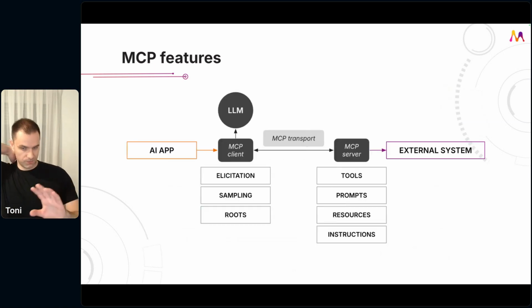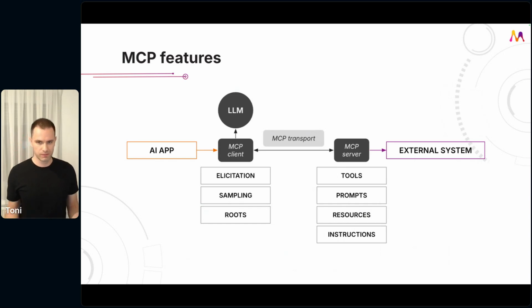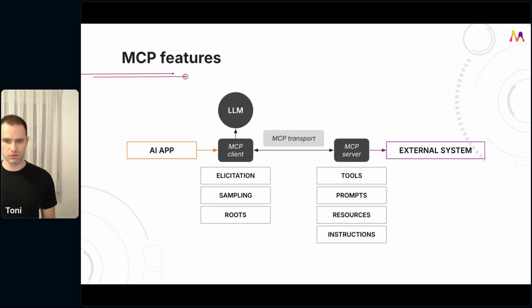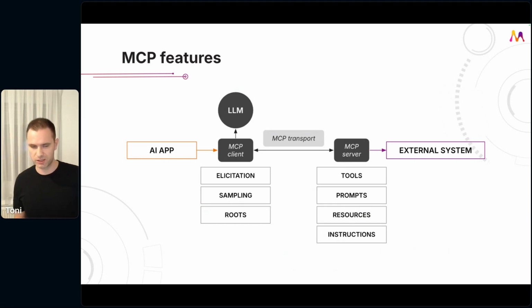Now there are several features which we will get into, not in super detail, but so you get a sense of what they are and how you can use them. Why is that? If you are building an MCP server, you can know what you really need to build. Do I need only tools? Do I need prompts? Do I need resources? What should I focus on?